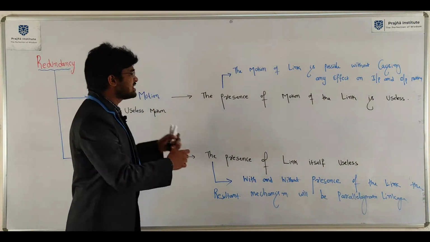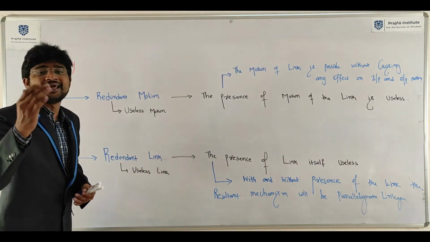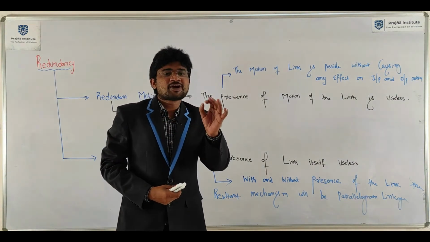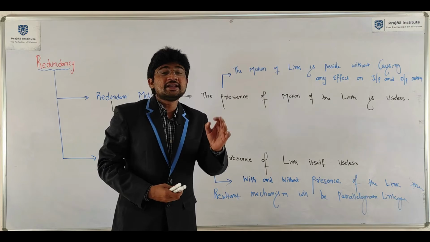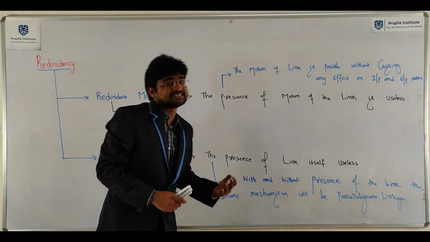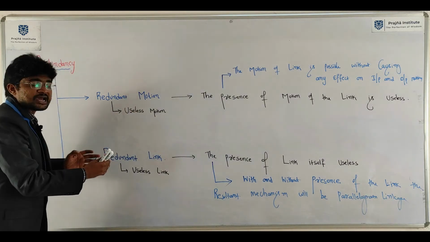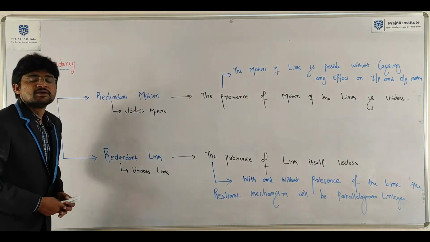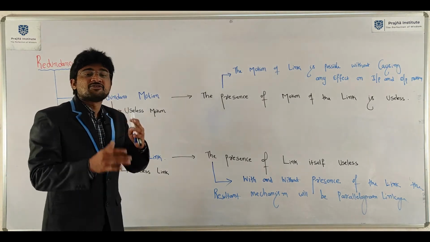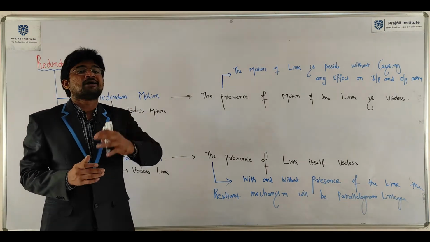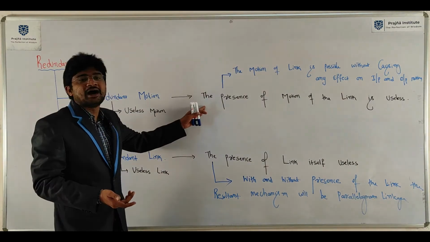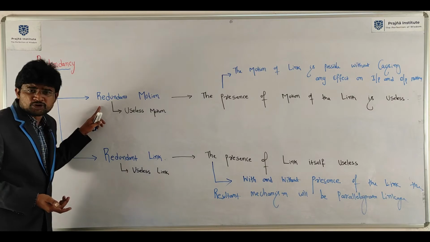Why are we discussing redundant motion and redundant link? Grubler's criteria fails to determine the degree of freedom of some mechanisms due to the presence of redundant motion and redundant link. We need to look into some examples, and we can find the degree of freedom of those mechanisms by modifying Grubler's criteria in case of redundant motion.